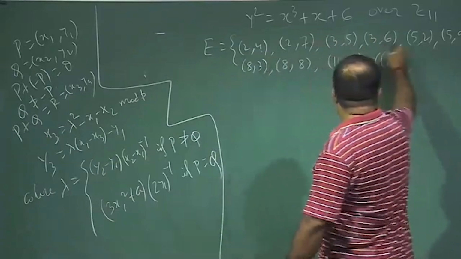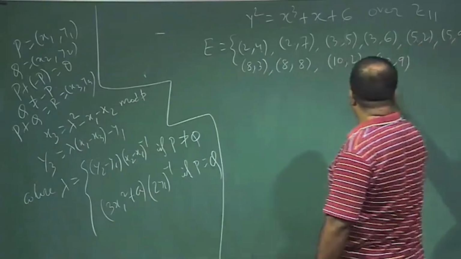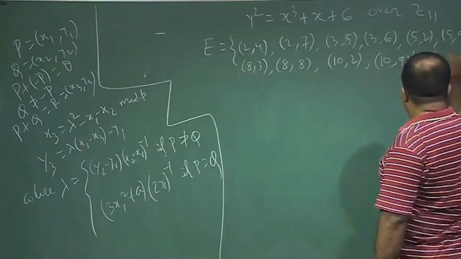So 1 2 3 4 5 6 7 8 9 10 11 12, this along with the point at infinity.